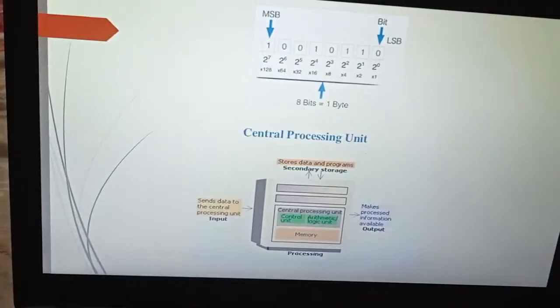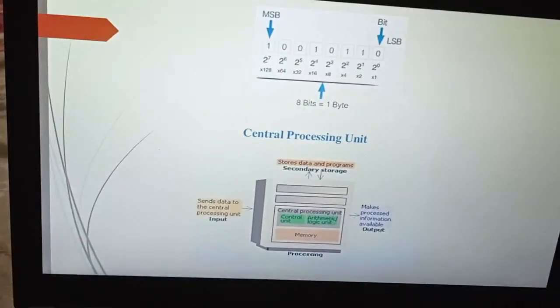A word is a group of 16 bits, just as 1 byte is 8 bits.